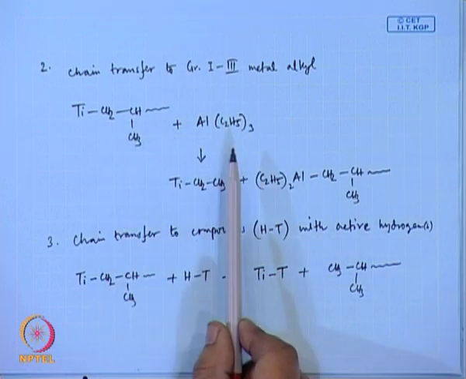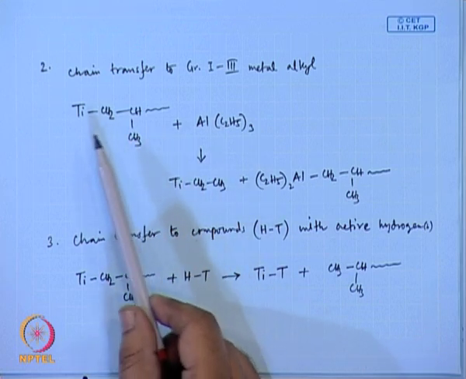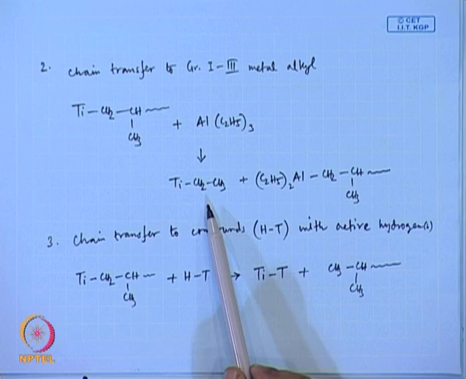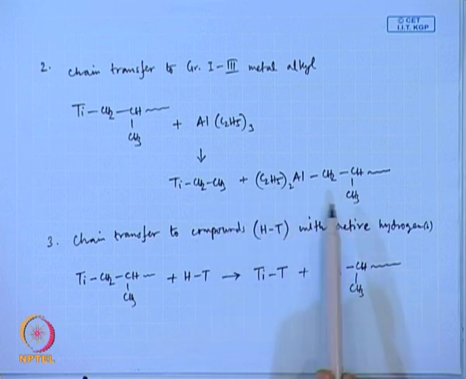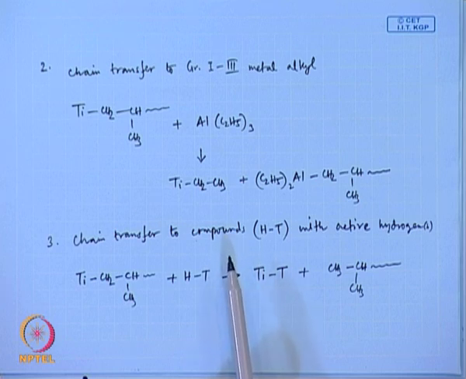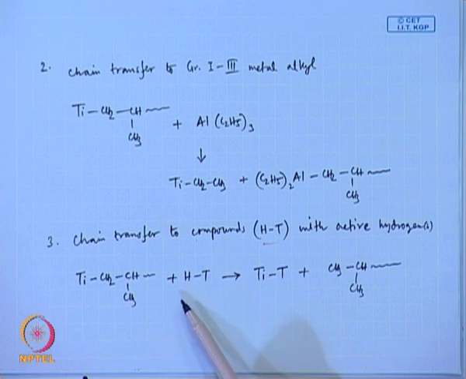Basically, take this example, propylene with titanium catalyst. Now, this can get transferred and the chain gets terminated. The chain can also transfer to added compounds having active hydrogens. We can write this generic structure of HT where you have active hydrogen. Then the chain transfer can happen to this and the chain gets terminated.